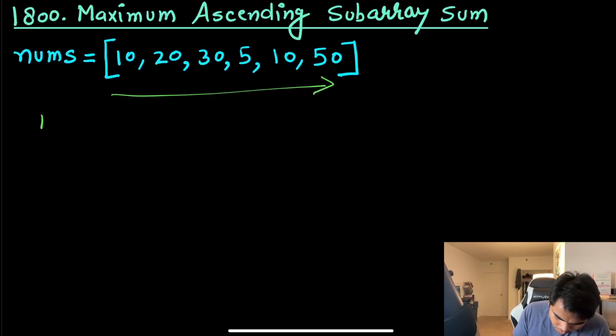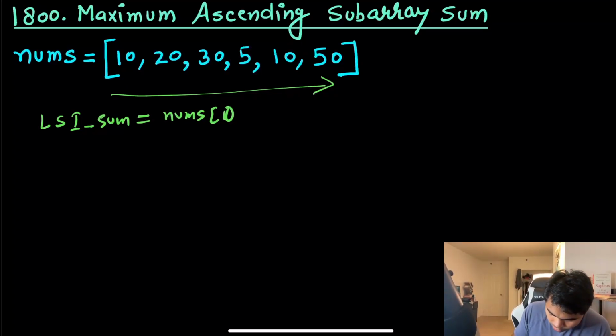The longest strictly increasing subarray sum is initially going to be nums at the 0th position.